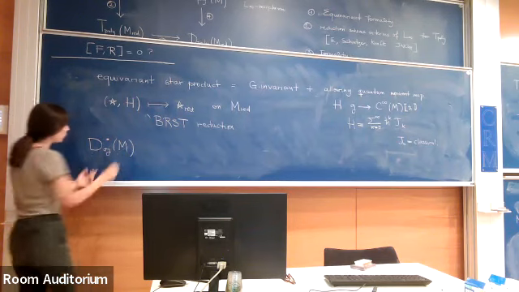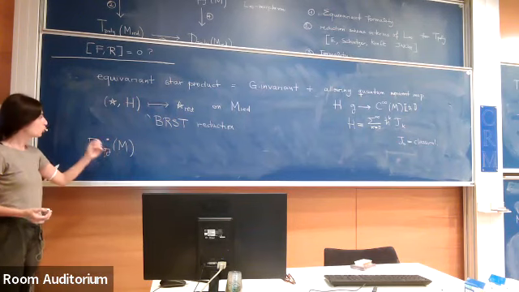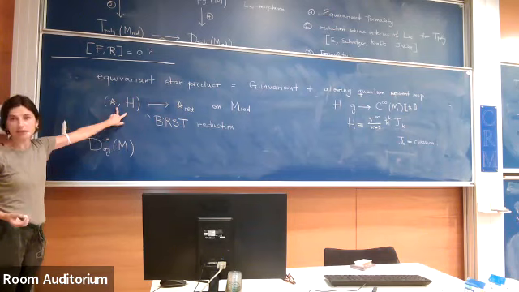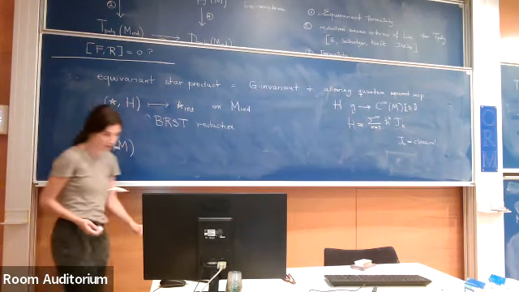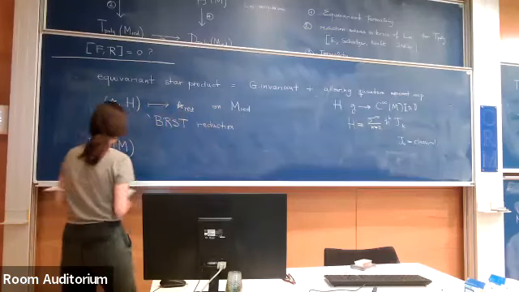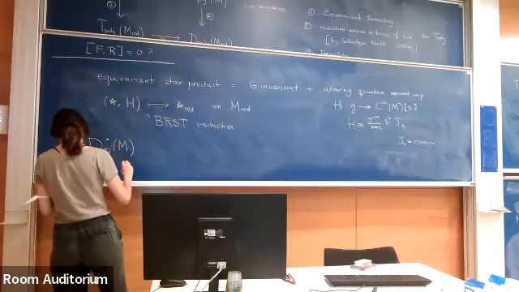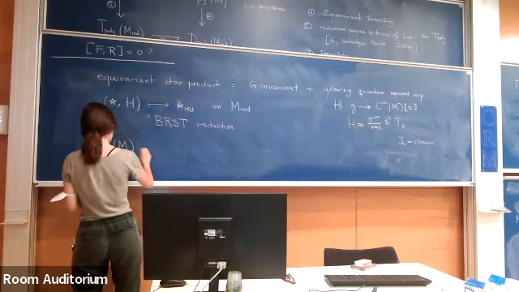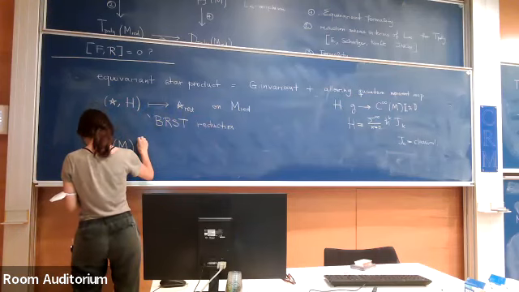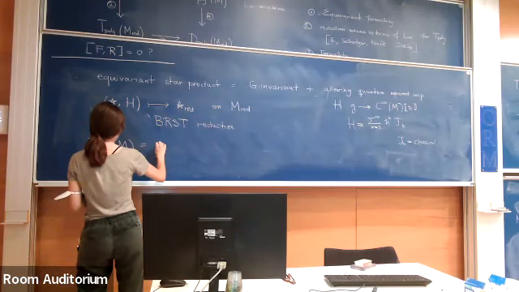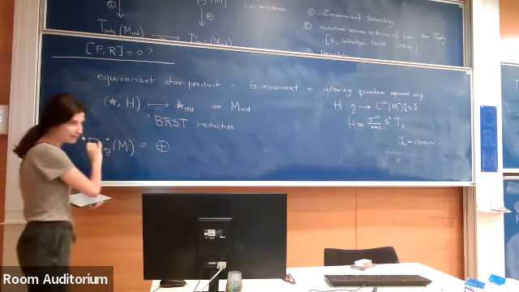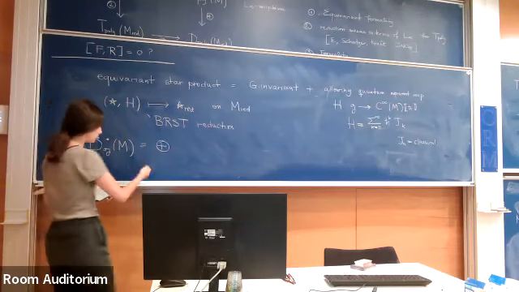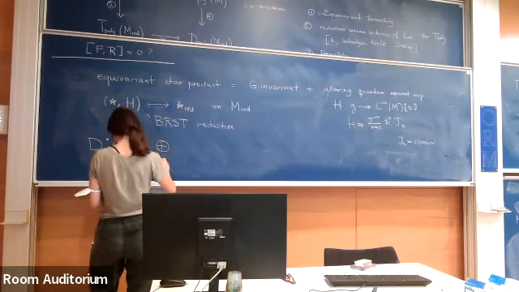So what I want now is a DGLA whose Maurer-Cartan elements are equivariant star products. Again, let me skip the formal power series part, because this is just, let's say, the extension.